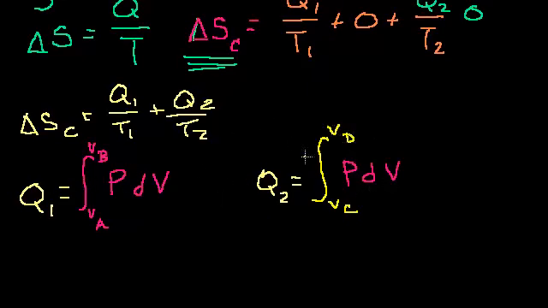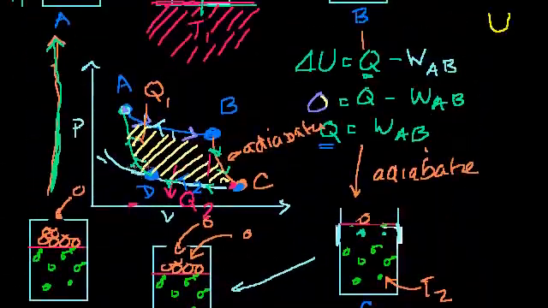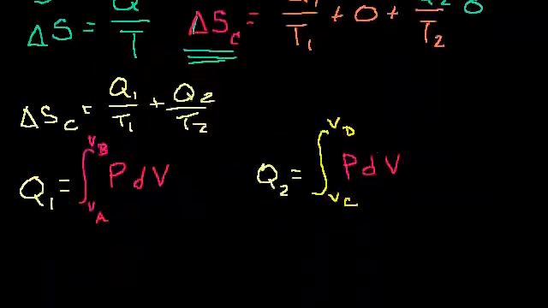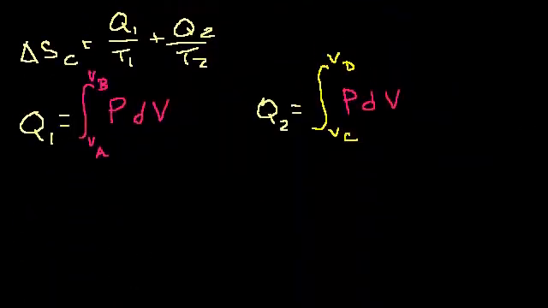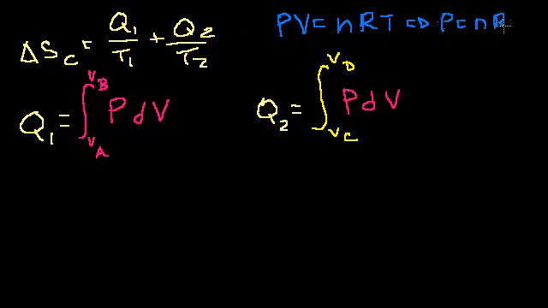Now, how can we evaluate these integrals? Well, we've done this before in a previous video. We use the fact that both of these circumstances, when we go from A to B and when we go from C to D, occur on isotherms, right? So the only things that are changing are pressure and volume. Temperature is not changing. And so if we go back to our ideal gas equation, PV is equal to nRT, we can just rewrite this by dividing both sides by V as P is equal to nRT over V. And substitute that back in for P in both cases.